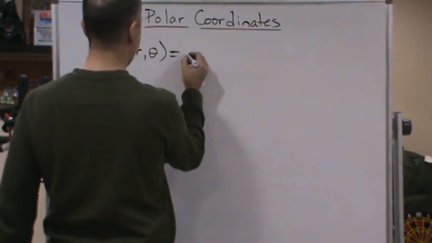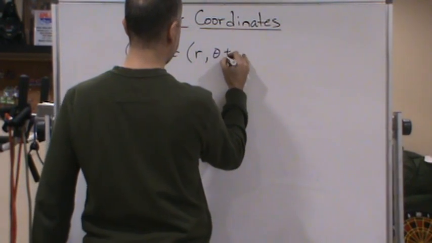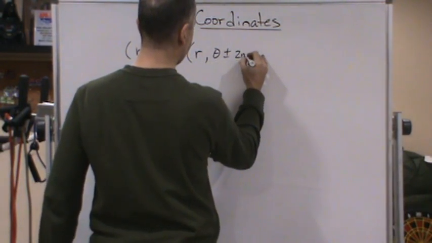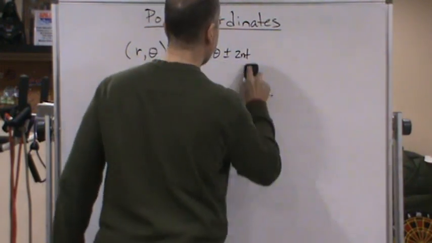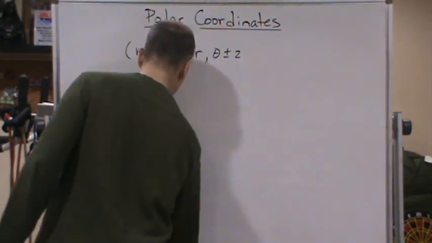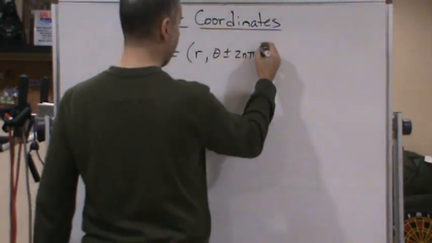So we know this is going to equal r comma theta plus or minus 2n pi.